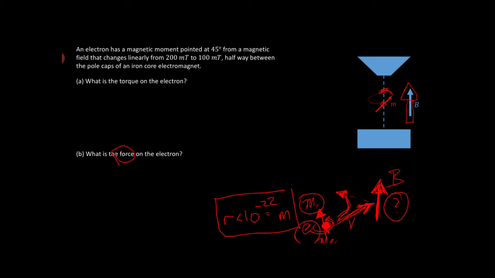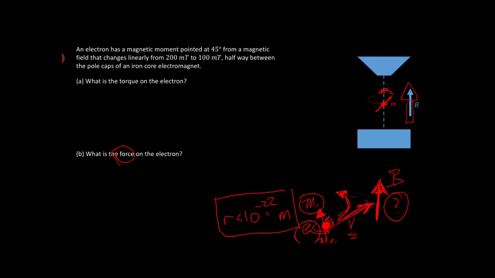Well, if this were a uniform field, then there'd be no force on this electron who's just sitting there in the field. You'd still have no force. An electron that's not moving in a uniform field will never start moving. It might start to precess, it might start rotating, but it won't start to move left or right or up or down or any other direction like that.